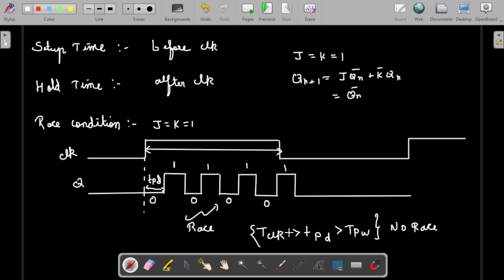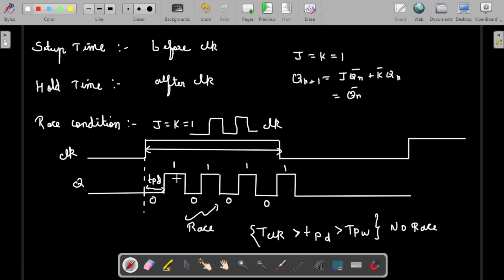The thing is that T clock needs to be greater, so that is happening here, so that is fine. But the TPD needs to be within the T clock, and the T on time needs to be very small. So if we take the condition where the T on time is like this, so if this is a clock pulse, then what will happen?